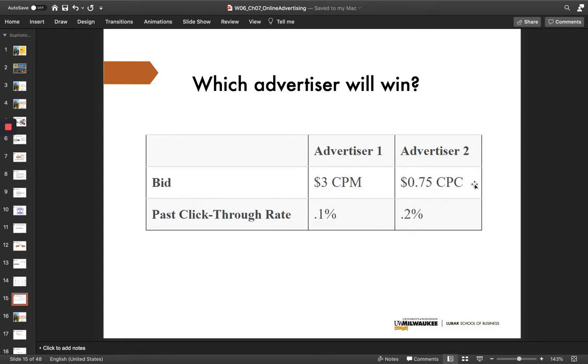And the second advertiser uses the basic cost per click, right? We can see different numbers here, and the past, historic click-through rate, 0.1%, 0.2%.